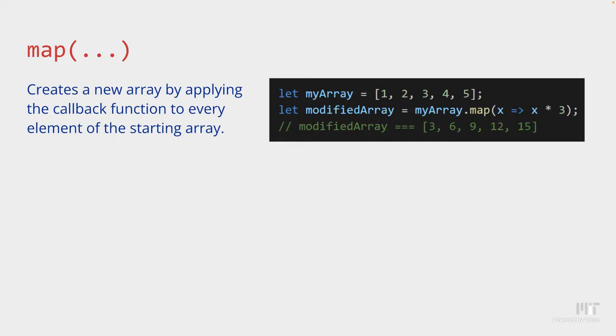So that's actually exactly what we did in the modifier array function. So in this example, we input the callback function, you get as input x, and then you return x times 3. So that's just multiplying everything by 3. So using that function, you are multiplying each element in my array by 3, which is why your modified array is 3, 6, 9, 12, 15.